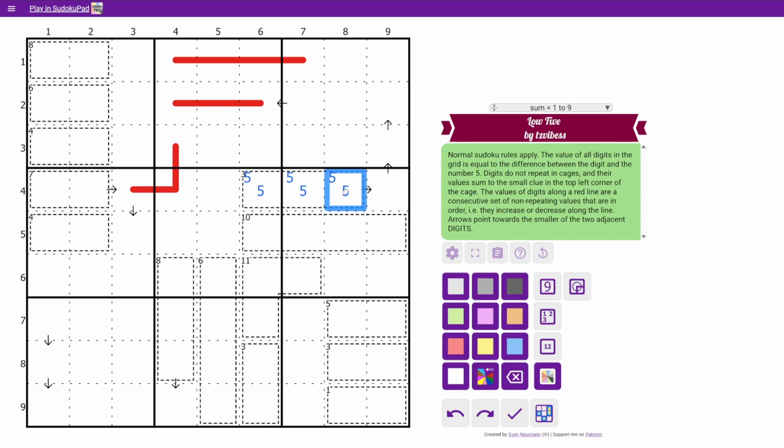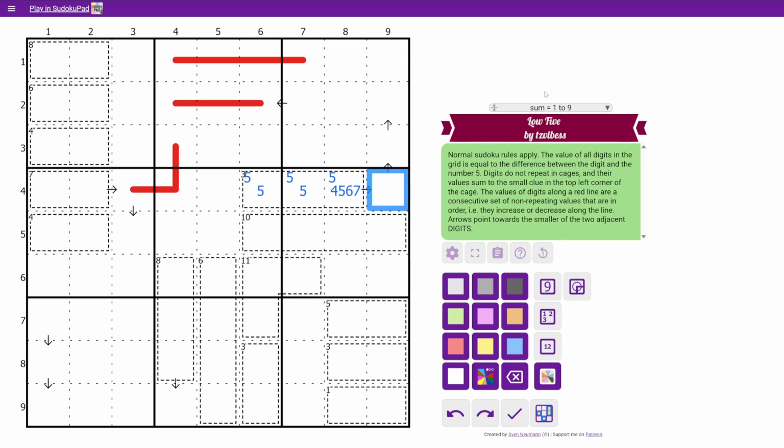Smallest digit was going to, so the 3 cannot go here. 4, 3, 2. 4, 3, 2, 1. The 4 could go there. This is 4, 5, 6, or 7. That's the only digits that can go there.